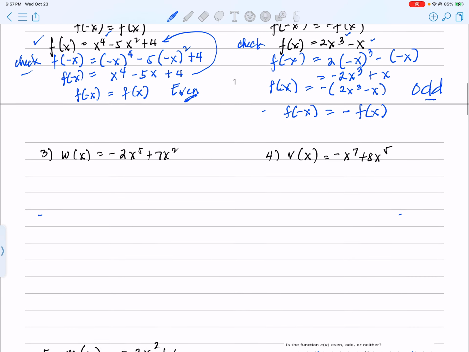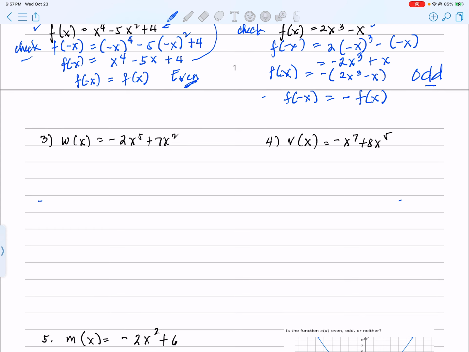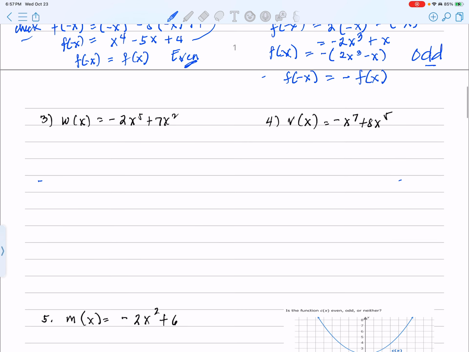In w of x equals negative 2x to the 5th plus 7x squared, I have to think it over because the leading term has a degree of 5, and the second term has a degree of 2. I have to be sure. I want to check before I say it may be odd, or maybe it's not, or maybe it's even.